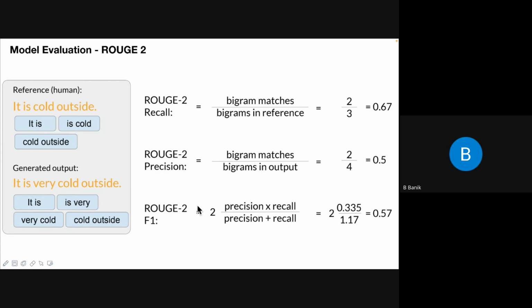If you see "it is very", only 2 match here: "it is" and "cold outside". So that's how the ROUGE 2 calculation works with the adjacent words, coming to 50% precision, and then the F1 calculation accordingly comes to 57%.